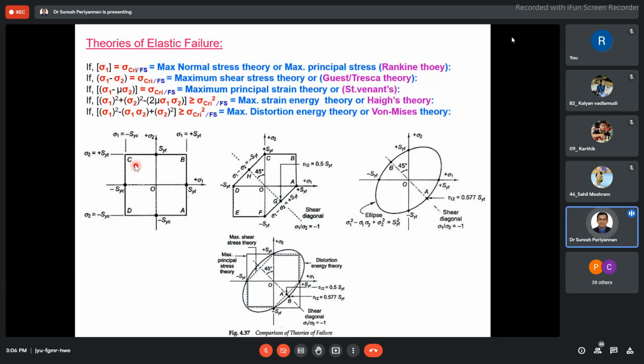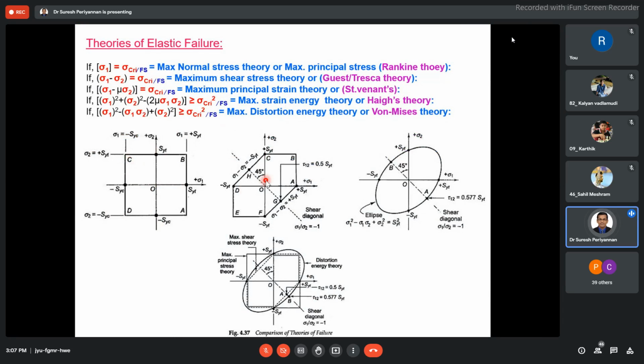Suppose our sigma and tau is away from this region, then it will be a failure region. Hence, we design our component so that sigma and tau lie within this region. This is the plot developed with the help of Rankine's theory. This is the square.